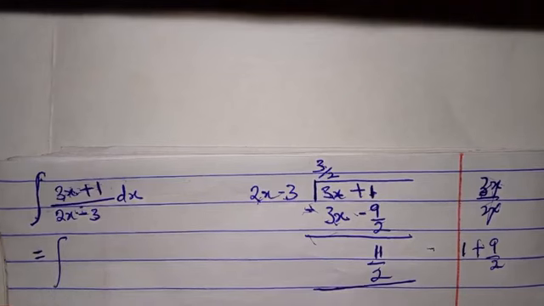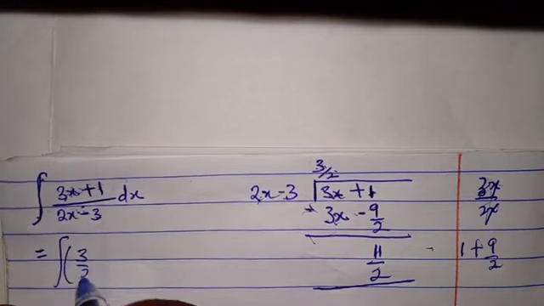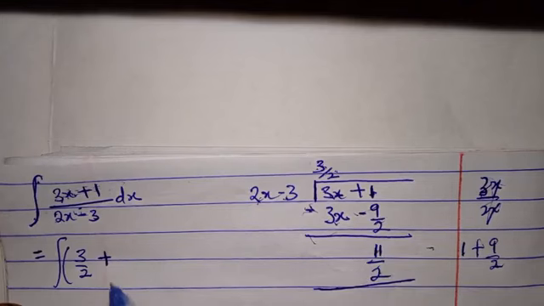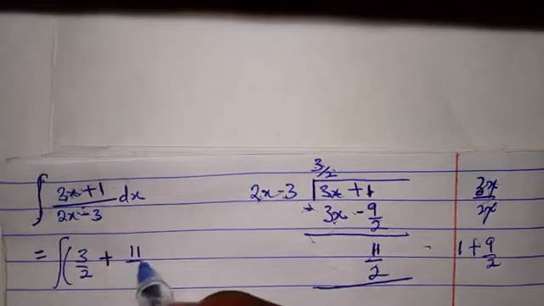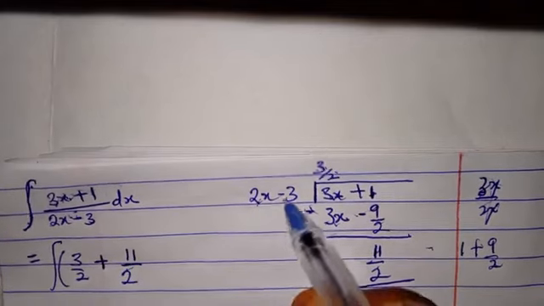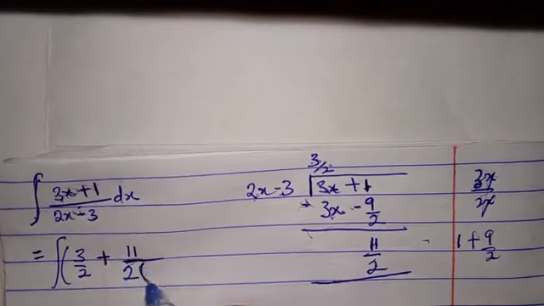The integral of, what is the quotient? 3 over 2. 3 over 2 plus, what is the remainder? 11 over 2. 11 over 2 divided by 2x minus 3. So I want to write it like this.